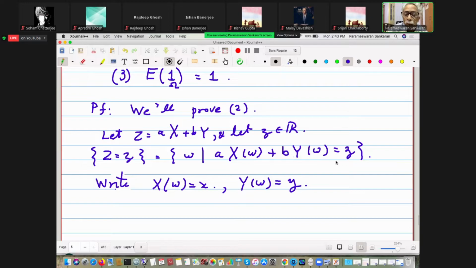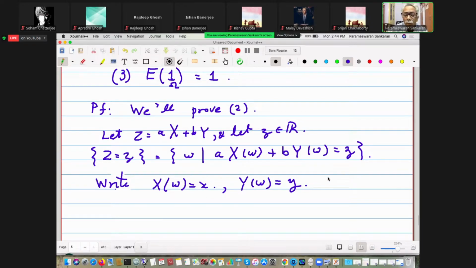ax plus by is equal to z. z is fixed anyway. If you want, I could have called it c, but I won't call it z. z is not a variable, but a fixed number. So I have a whole straight line of solutions for x and y. And for each point (x, y), I get a set and I take the union of that, and that is my set.